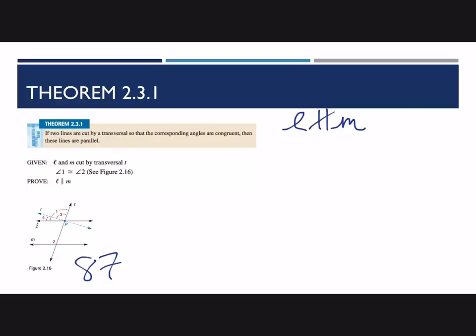So if we focused on the part of the diagram that has M, and then if we look at point P, which is currently where L and T intersect, okay, so let's draw T through this, and we'll skip L for now.